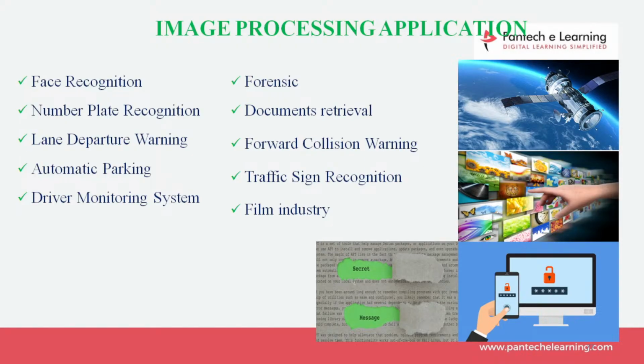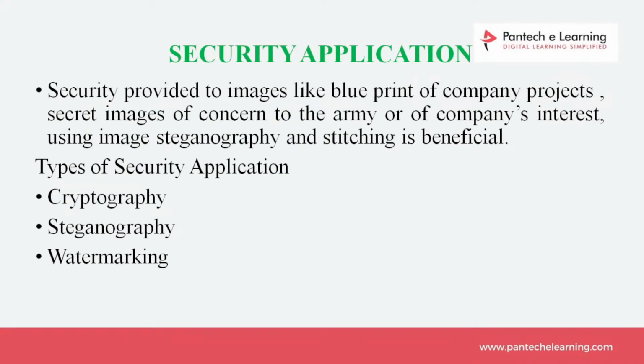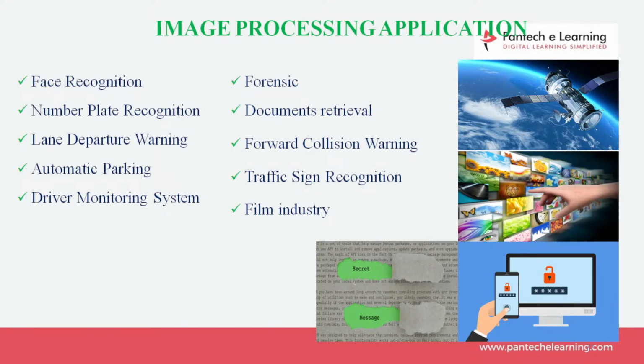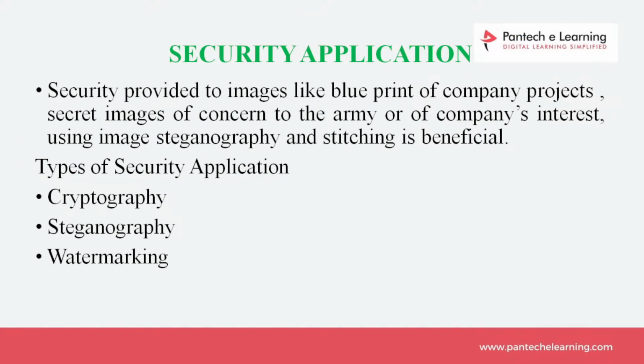Similarly there are traffic signs, driver monitoring, film industries, security, and satellite based applications, used everywhere. Apart from that, there are some security techniques in image processing: steganography, cryptography, and watermarking. So let us discuss steganography, cryptography, and watermarking in image processing.